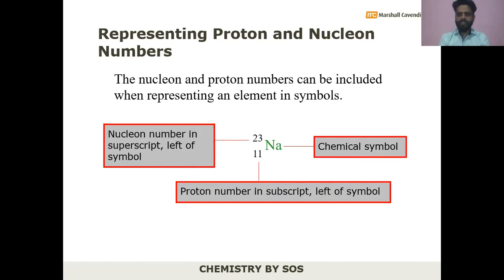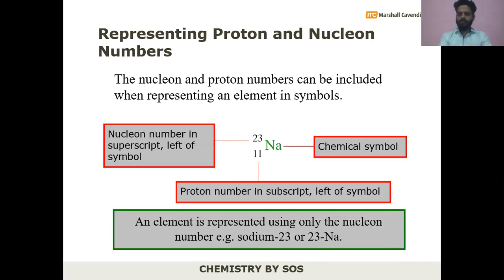Nucleon number is the sum of protons and neutrons. 23 is the nucleon number. So if you subtract 11 protons from 23, then you get 12 neutrons.